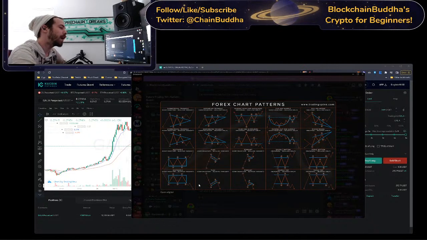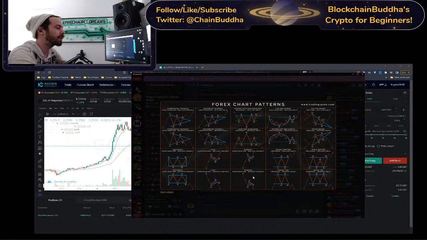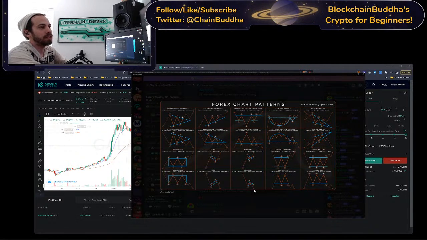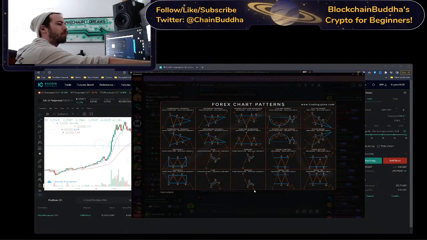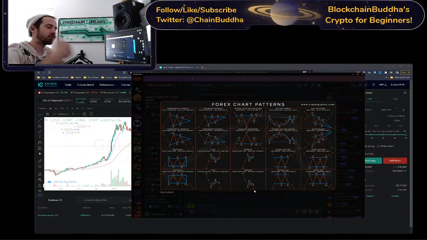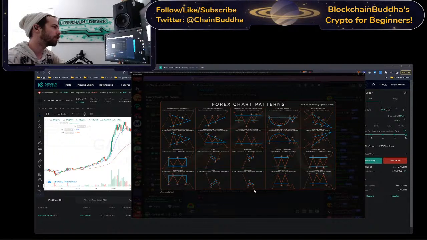Knowing these chart patterns is really good and really beneficial if you're trading on the Forex market. In the crypto market, I say these aren't nearly as beneficial, just because the crypto market fluctuates so quickly, has so much volatility, and so much emotion is behind every trade in crypto that it's more challenging to find a set structured system to go by and be able to win trades consistently.